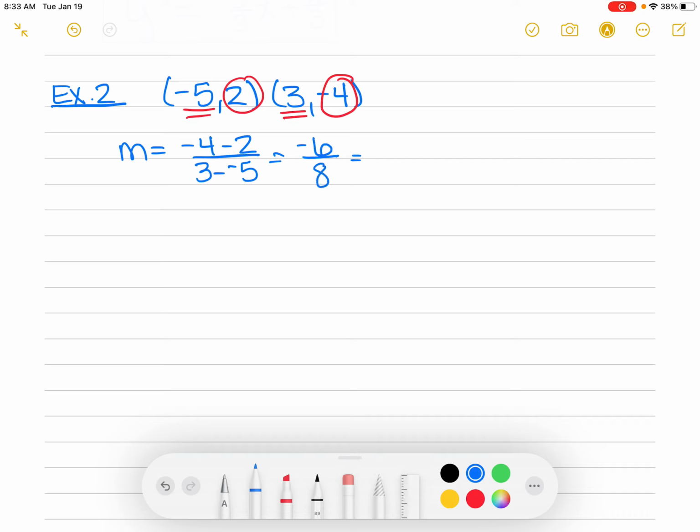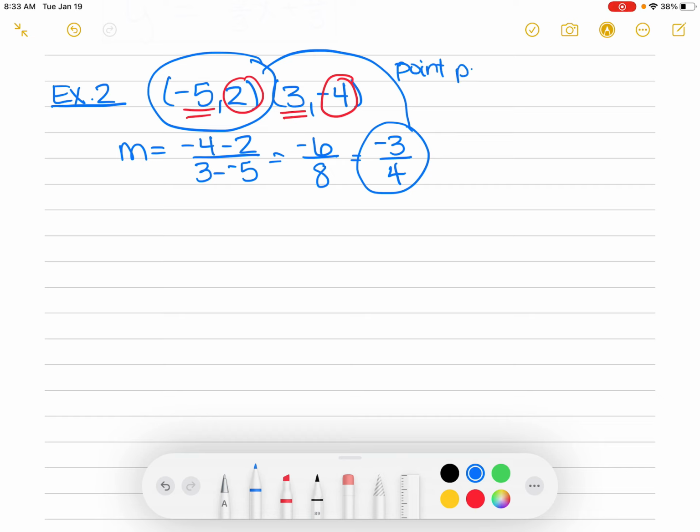Make sure that you reduce or simplify it, and that's my slope. Now I'm going to use this point right here and the slope, and we're going to write it in point slope form.